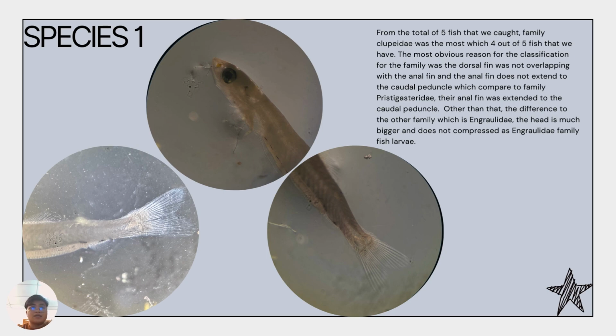This is one more fish larva that we managed to get a picture of. From here we can clearly see that it has the dorsal fin and anal fin, but the anal fin is not as visible as in the first picture.